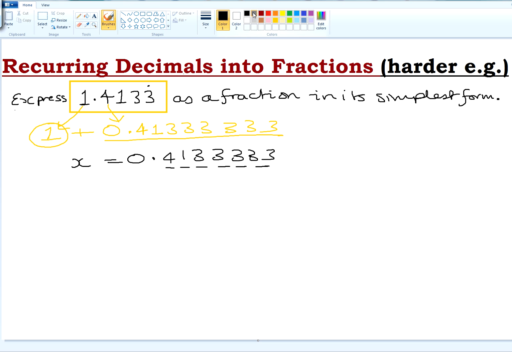The first step is to try 10x. 10x gives us 4.133333. Now we can see that these 3s are matching up, but these numbers here do not match up.